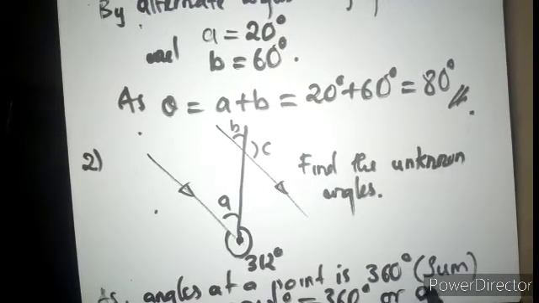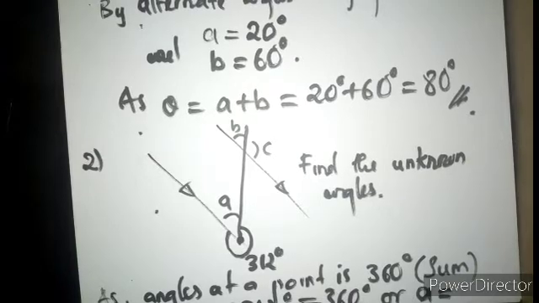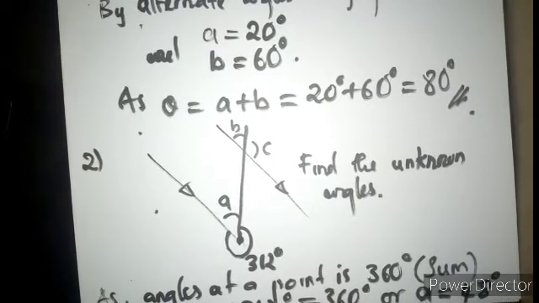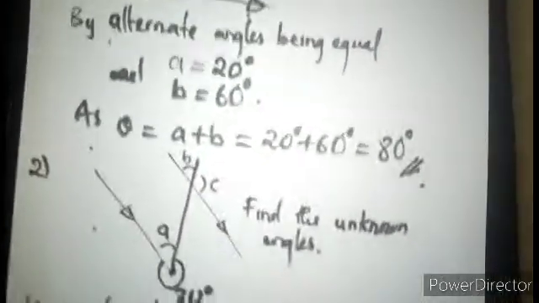Or in other words, A is equal to 360 minus 312, we have 48 degrees. Yeah, very correct. 48 degrees. Now, that is just A.